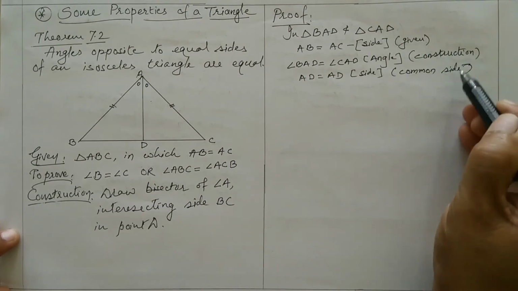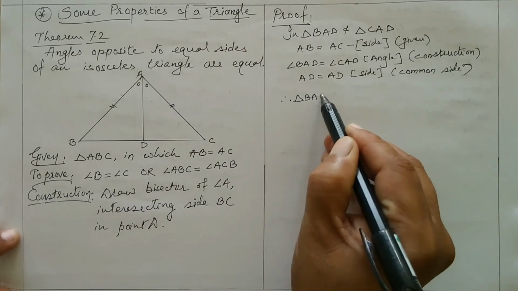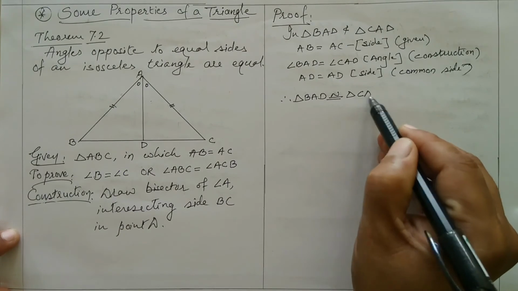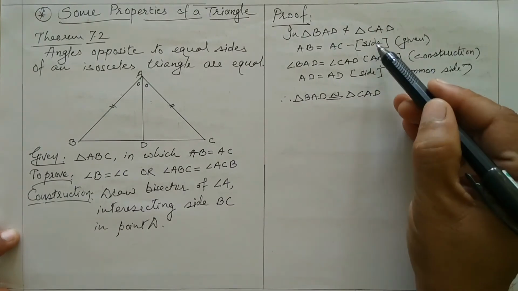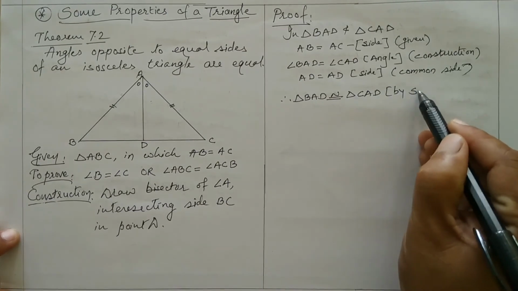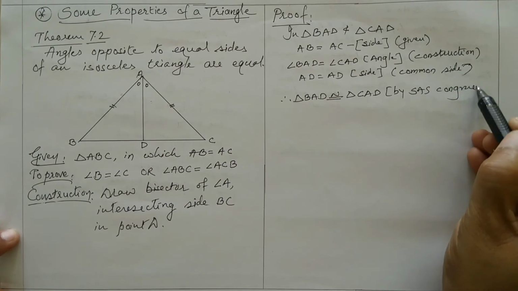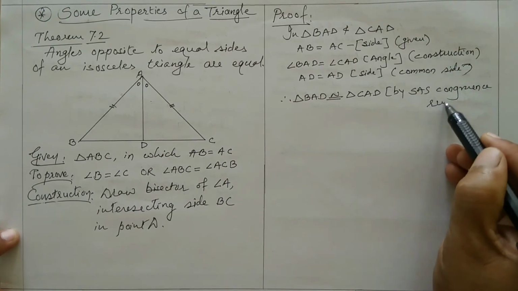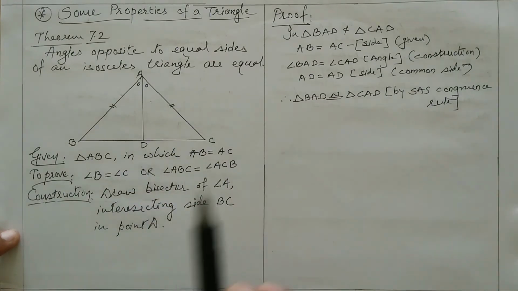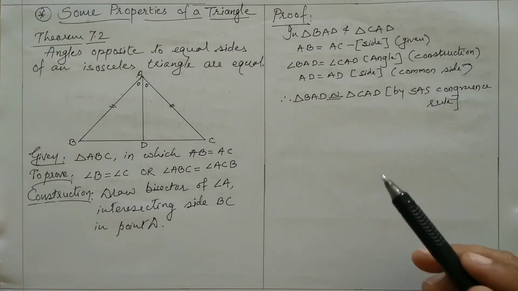Therefore, triangle BAD is congruent to triangle CAD by side angle side. So we will write here: by SAS congruence rule. Now, if triangles are congruent, how many corresponding parts have we used?